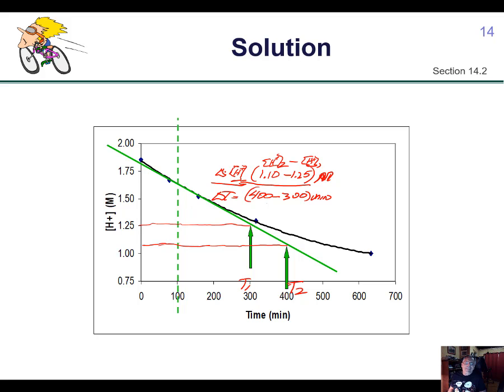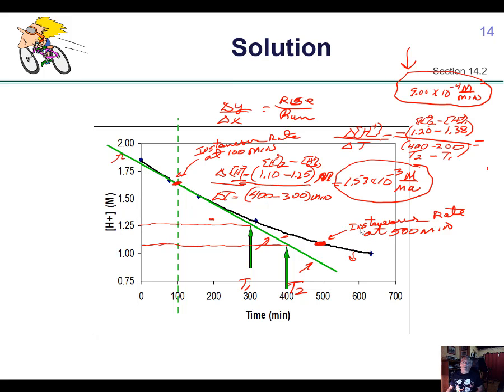And remember that this is a rate of disappearance of a reactant, so there's a negative here. So that's going to be a negative. We're going to get a negative value here divided by 100 minutes, 400 minus 300. Well, I got a little ahead of myself. I'm not going to do it over, but for the first calculation at 100 minutes, you had 1.53 times 10 to the minus 3 molar per minute. That's at this particular point, okay?